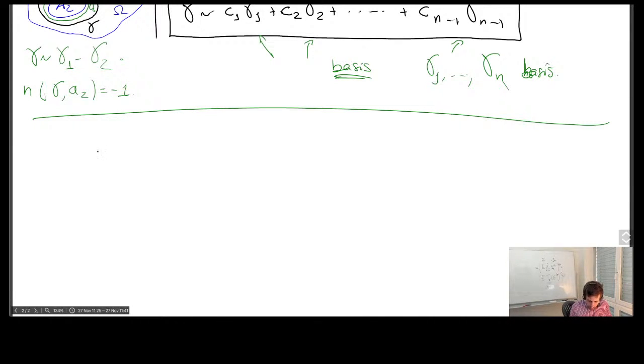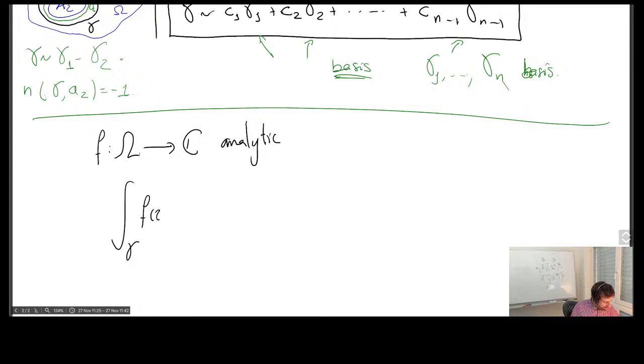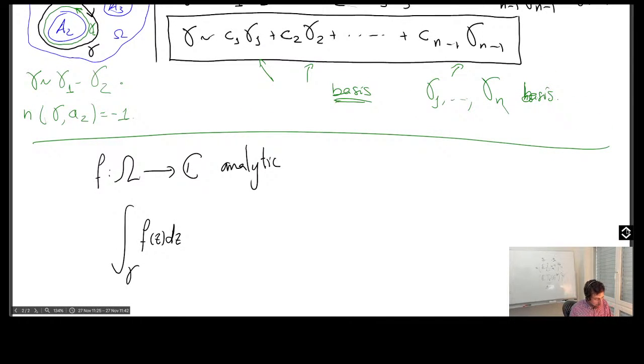So let's go back to functions now. Let's say that I have f analytic in a region, right? Now clearly, if I take an integral around the curve gamma of f(z) dz, because the curve gamma is homologous to the curve c1 gamma 1 plus c2 gamma 2 and so on, the integral of f(z) over the curve gamma will be the same as the integral over this other curve with the sum, right?